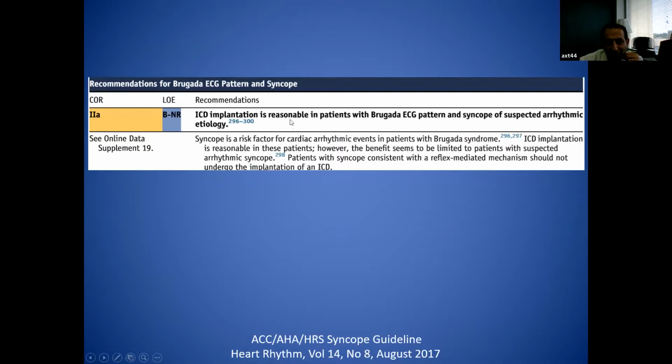We brought this up with this patient. Sometimes you just have to have a discussion with the patient and say, well, we think you have this, but it doesn't necessarily add up. It could have been reflex-mediated. And if the patient says, I absolutely want it or I absolutely don't want it, sometimes you just have to kind of go with it.